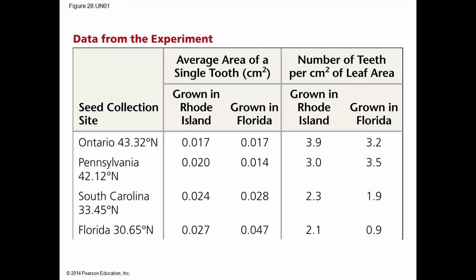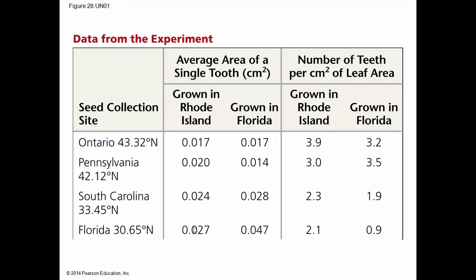So the question is, are these differences related to genetic differences, or are they related to environmental differences? If you look at the maple trees grown in Florida and those grown in Rhode Island, maple trees grown in Florida have a large tooth area. Take that same tree and grow it in Rhode Island, and it has less tooth area.